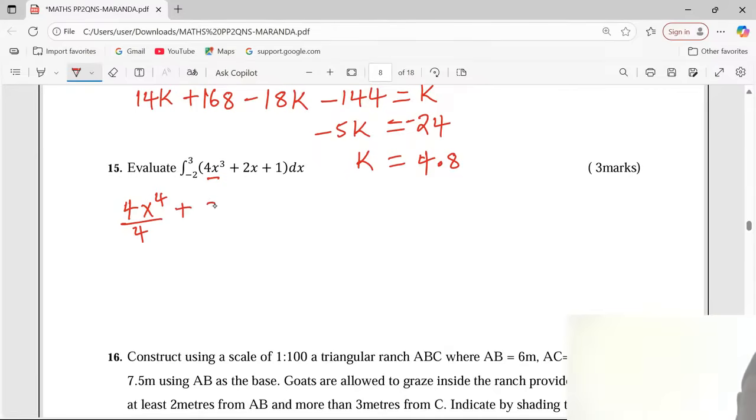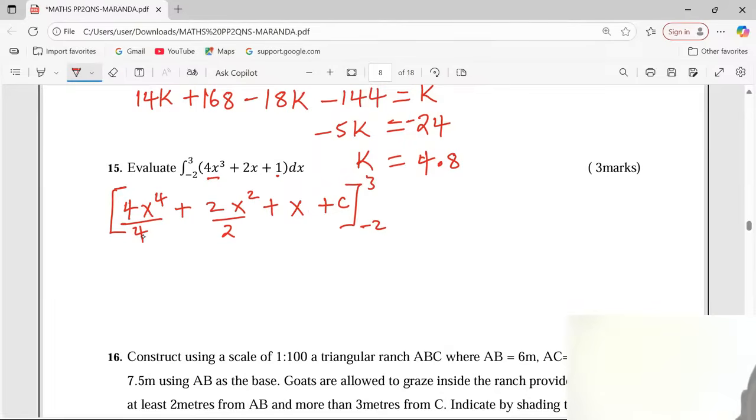Plus 2x becomes x squared, so the power has to increase by 1, and the new power divides everything. Plus, where there is no x, now x is introduced, then plus arbitrary constant of integration, from -2 to 3.